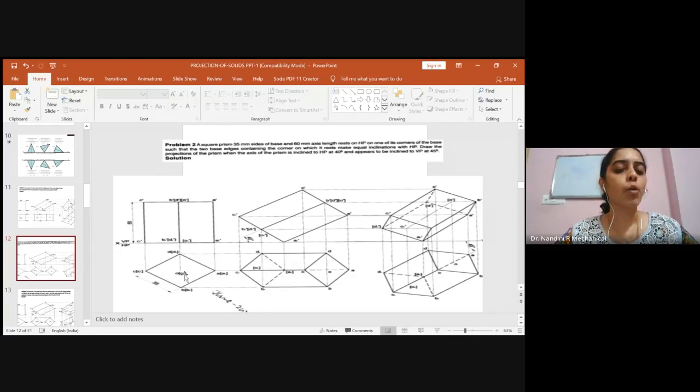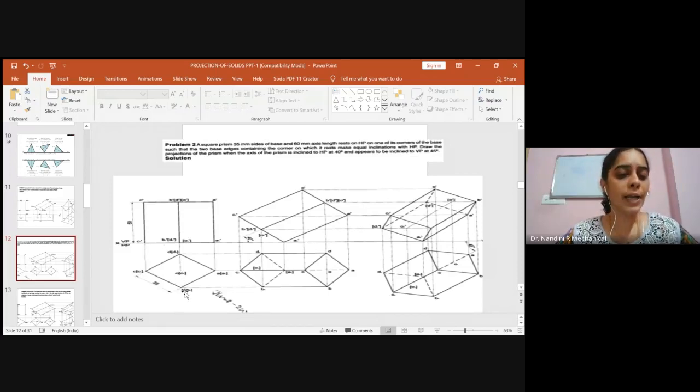O1 is for the bottom surface, O is for the top surface. So when you project O1 to the front view, O1 will become O1 dash, and again O will become O dash, right? But this O and O1 will not be visible. Why? Because the observer is viewing from the bottom.